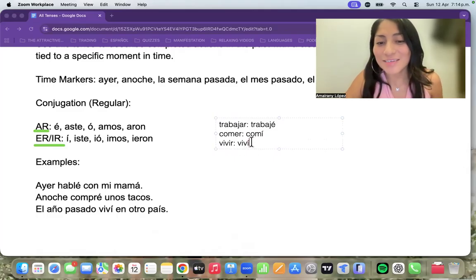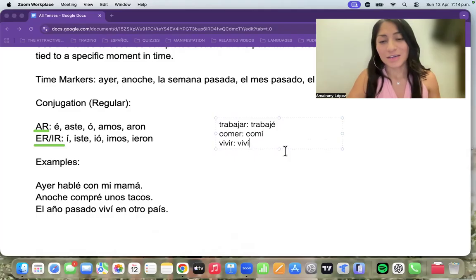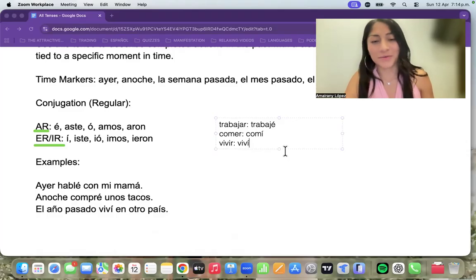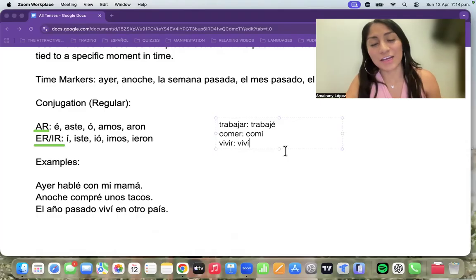And now this accent right here is very, very important because that's going to make it sound quite different if you say vivi, for example. And Vivi also sounds more like a name rather than the verb. So viví would be I lived, and Vivi is more like short for Viviana, which is a name in Mexico. So it's important to make sure that you are emphasizing those words that have an accent. And the past tense always has an accent, okay?